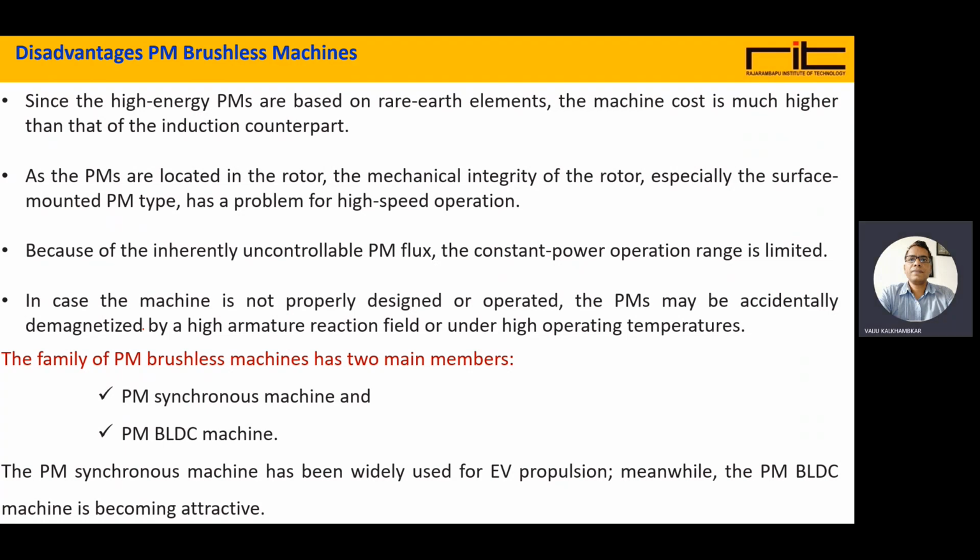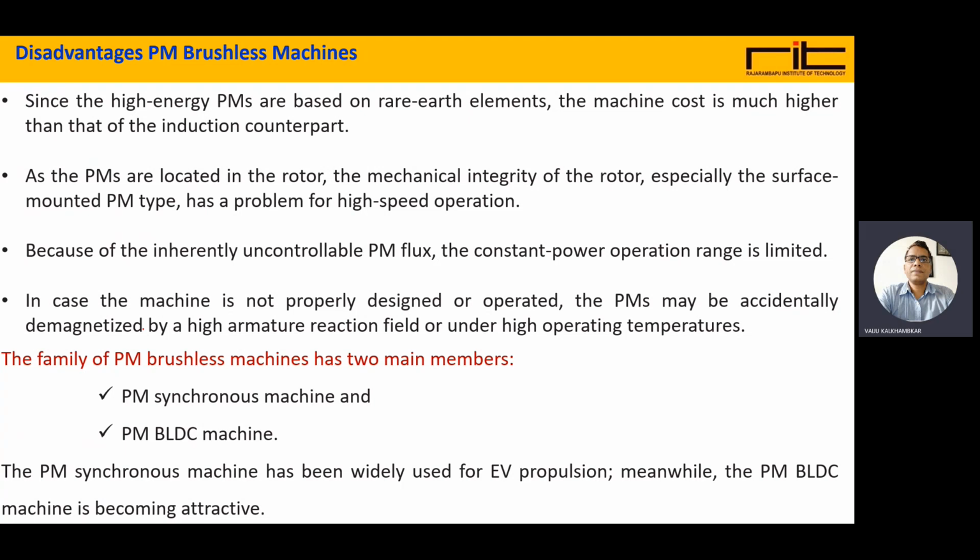In case the machine is not properly designed or operated, the permanent magnets may be accidentally demagnetized by a high armature reaction field or under high operating temperature. So the armature reaction, that is the effect of the magnetic field produced by the armature conductor on the main field, or the operating temperature, can demagnetize the magnets.